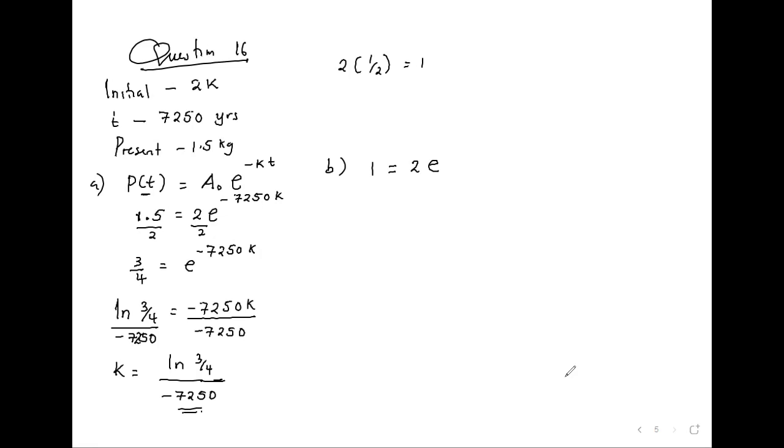So here you have 1 is equal to 2 as the initial, then E, then negative K. So we'll start by writing T so that we write the ln of 3 over 4 to the power 1 over 7250.